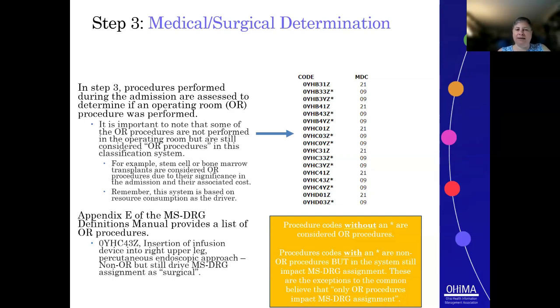Again, we're going to go to Appendix E of the MS-DRG Definitions Manual, which provides a list of the OR procedures. And I want to explain this a little bit here. You have an excerpt from that Appendix E on the right side of your slide.